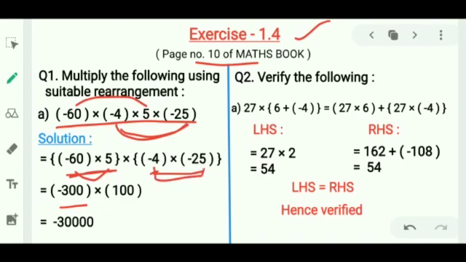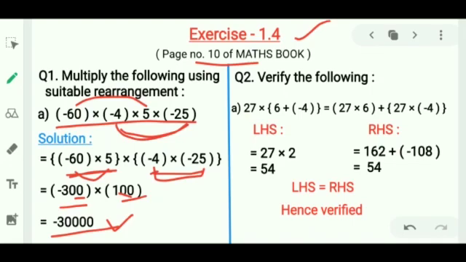Two minus signs are there, same sign, so the product becomes positive, and we know 25 fours are 100. Now we have to multiply minus 300 by 100, which gives 30,000. Because one negative and one positive integer is there, the answer will remain negative. So the answer is minus 30,000.